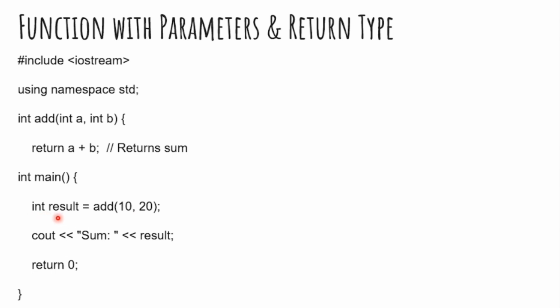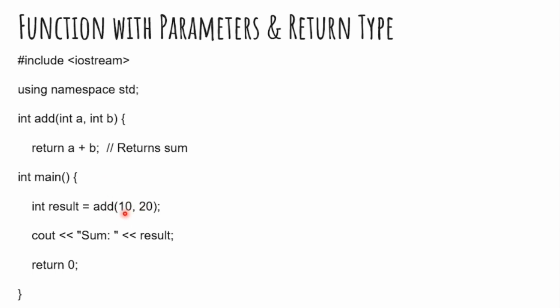We declare the variable result, and in this result variable we are just calling the function. In calling the function, we give the values to this function. You can give the values like this, simply in the code, but if you want to, you can also get the values from the user.